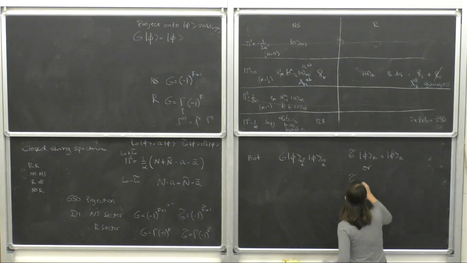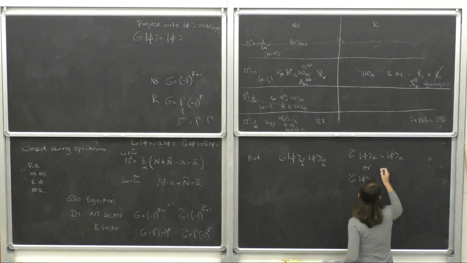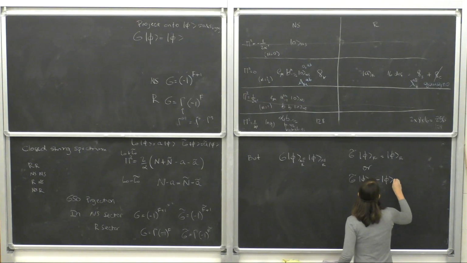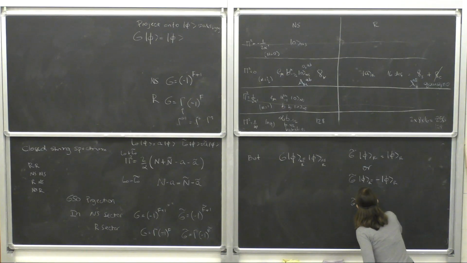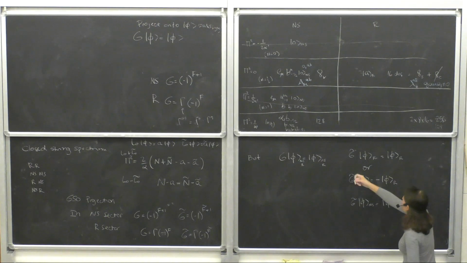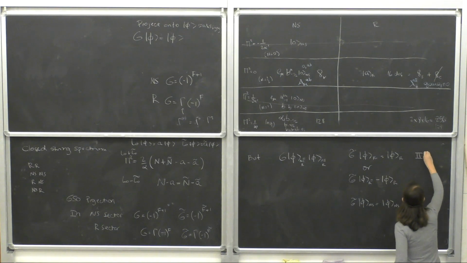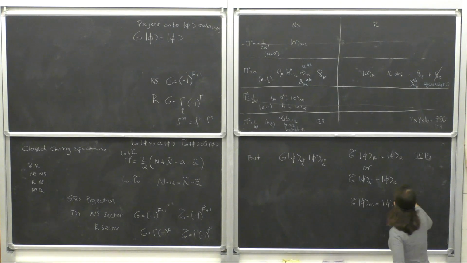I choose this positive on the left, so G tilde phi NS equals phi NS. There is no choice there. But in the Ramond sector I have these two choices. The choice where you take the same chirality on the left and on the right is the type 2B string theory, and this is the type 2A string theory, with different chiralities on the left and on the right.